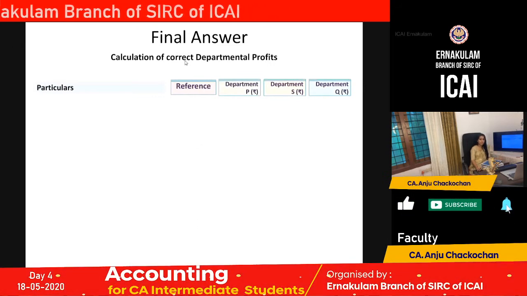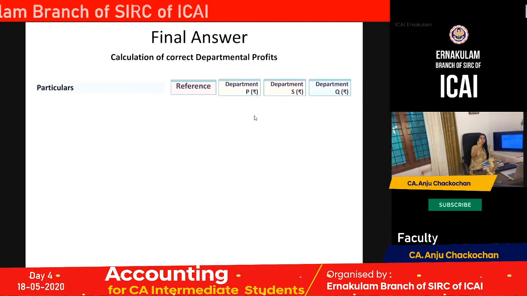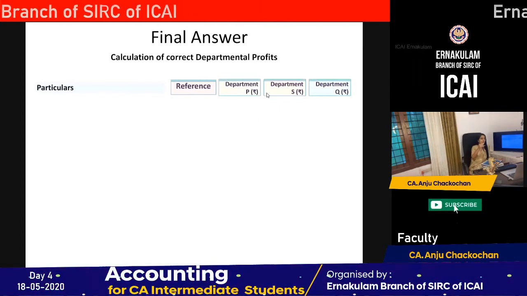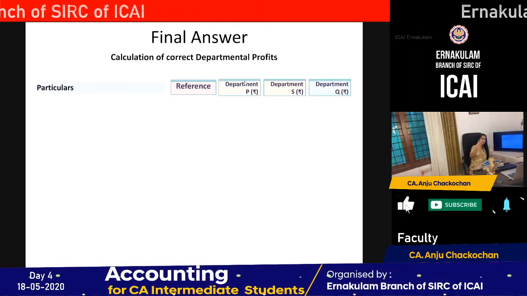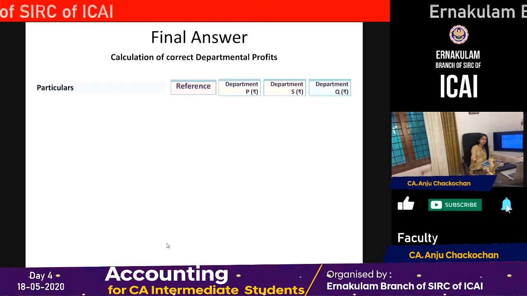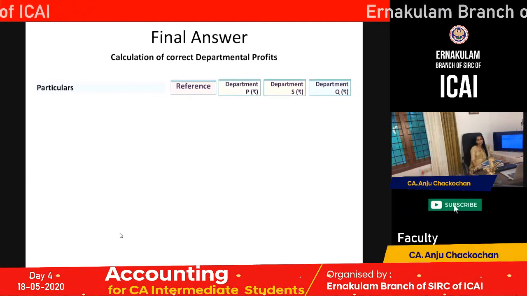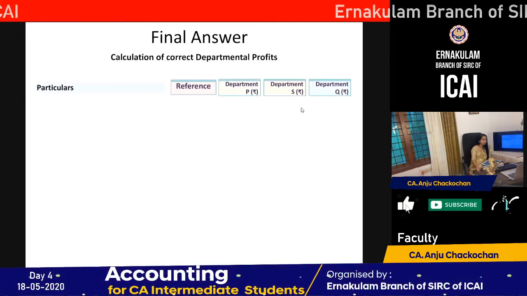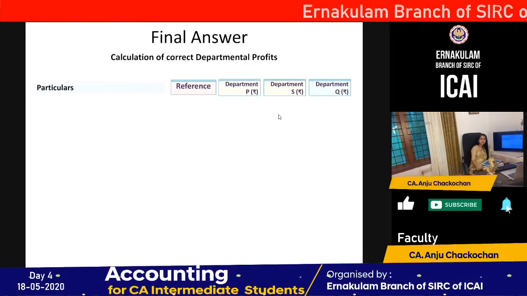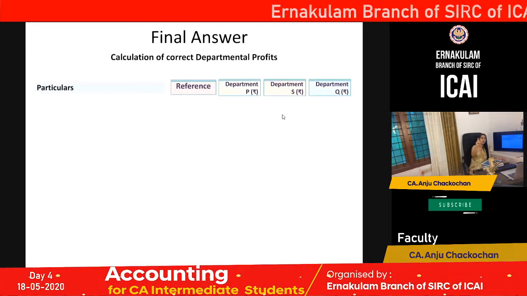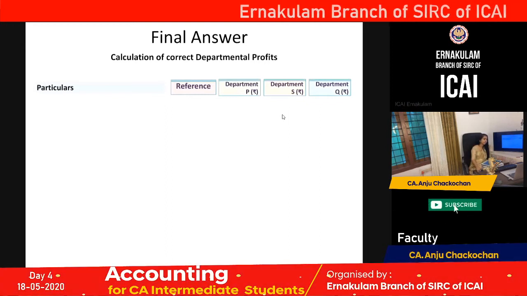But in the final answer, you have to ensure that you write the amount as well. In the working note, it is fair enough. You can write it straight away as 100 by 90. Even if you miss out the amount of manager's commission, not an issue. It is just a presentation matter. You just miss out one sentence. That's it.